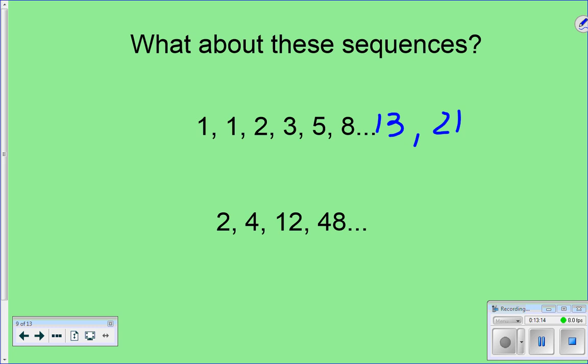What do you think, Henry? Okay, so it goes up times 2, times 3, times 4. What would the next one be? Times 5. Even though you're multiplying doesn't mean it's geometric. It has to be the same.